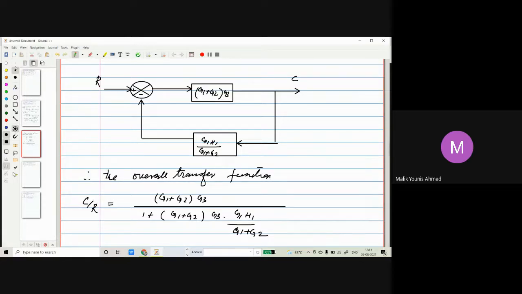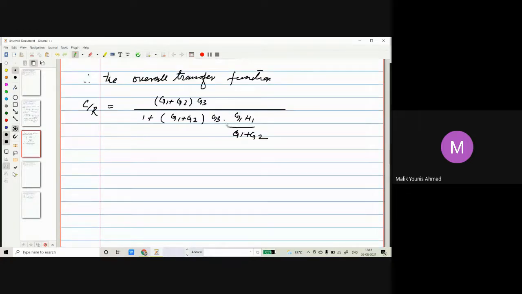Let us simplify this a bit. So we can write C by R as follows. You can see here, G1 and G2 will be multiplied here. In the denominator, one of the G1, G2 will go, whereas G1 and G2 will be multiplied here. So it will be G1 plus G2.